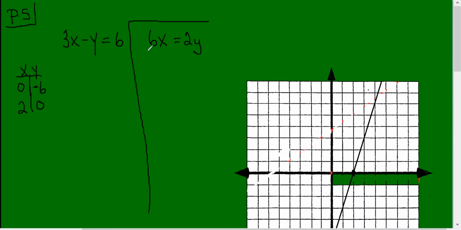Section that off. So let's see what I can do here. How I could rearrange this to be in slope-intercept form by dividing by 2. A little backwards, but we'll straighten it out. So I end up with what? Y equals 3x.